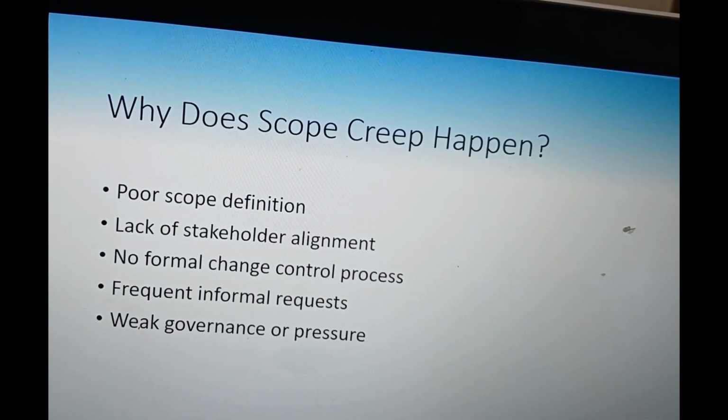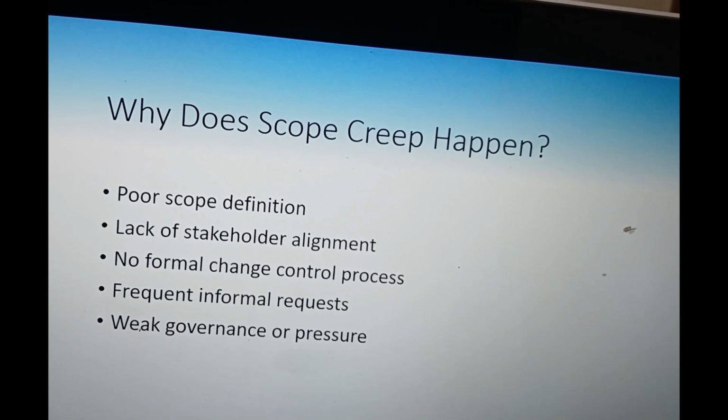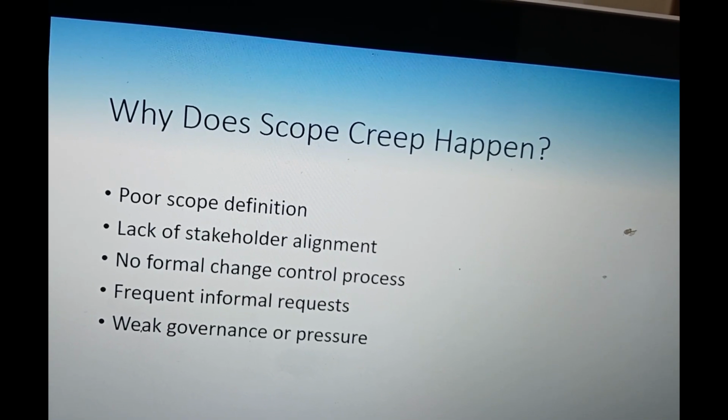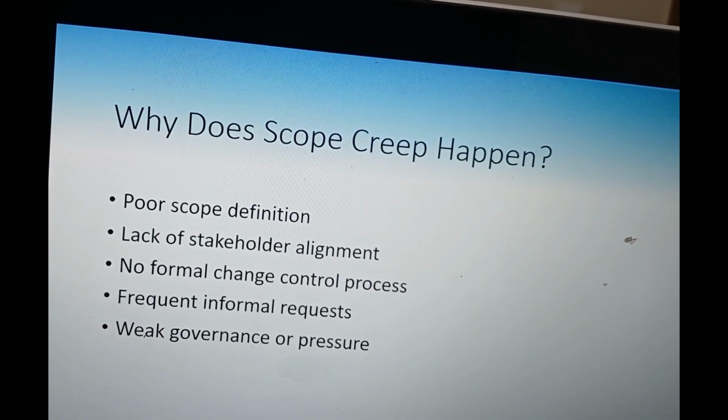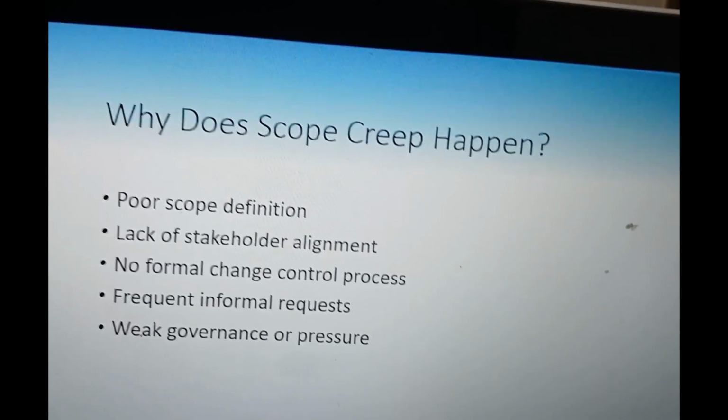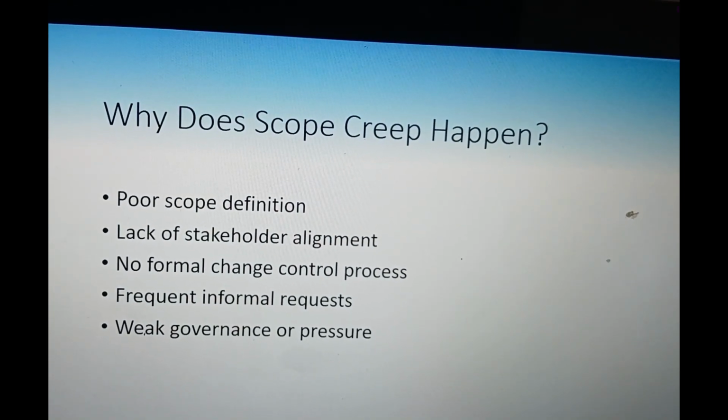They look at it, they make some analysis, and then at the end they can agree whether to agree with a change or not to agree with a change.